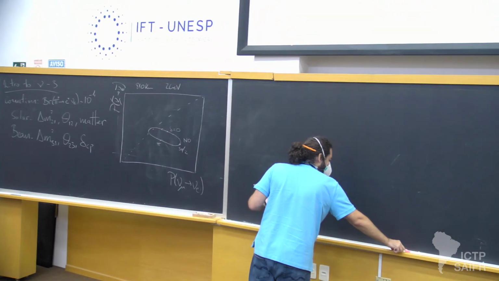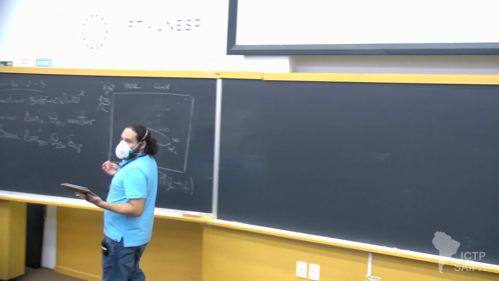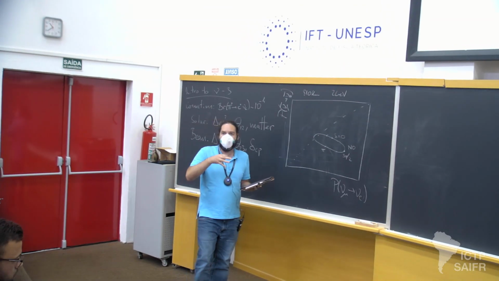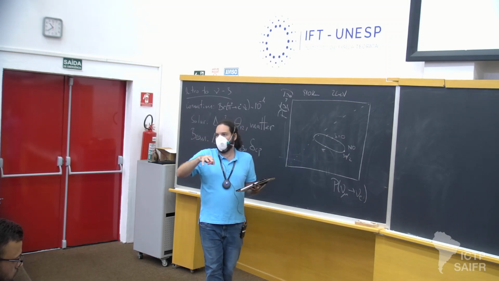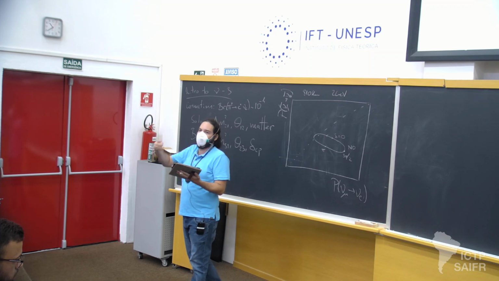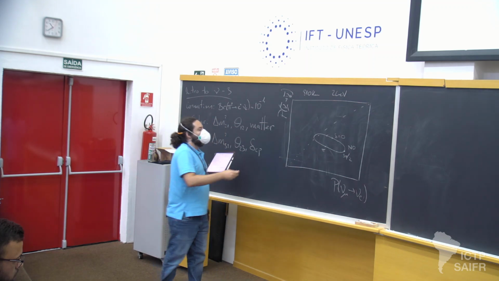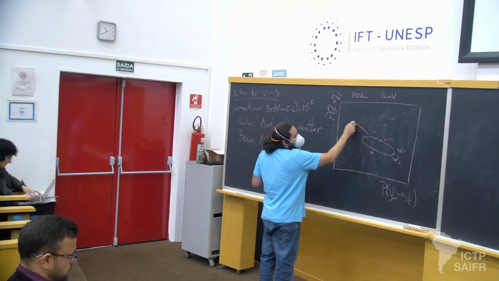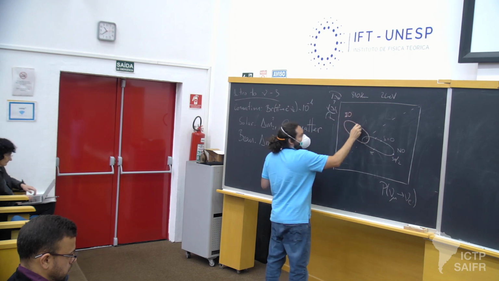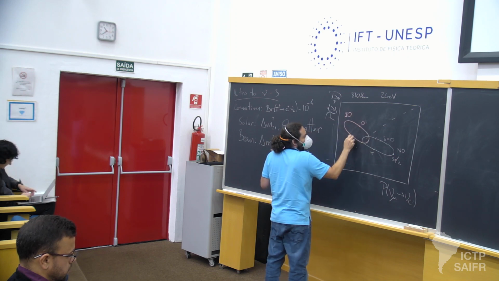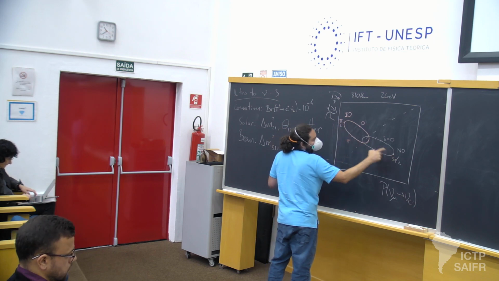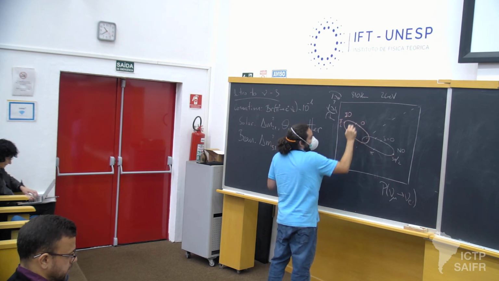Now, if you change the mass ordering, because of how matter effects work, remember the matter effects were a combination of delta m squared versus the potential. If you flip the sign of the delta m squared, matter effects affect you differently. If you change to the inverted ordering, you get something like this, where this is 0, pi, pi over 2. This is 3 pi over 2, just as that. Okay?